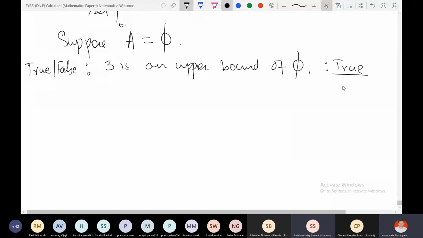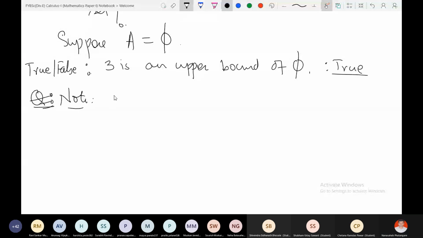Okay, so my next question is: U is an upper bound of A. What is the definition of U being an upper bound of set A?